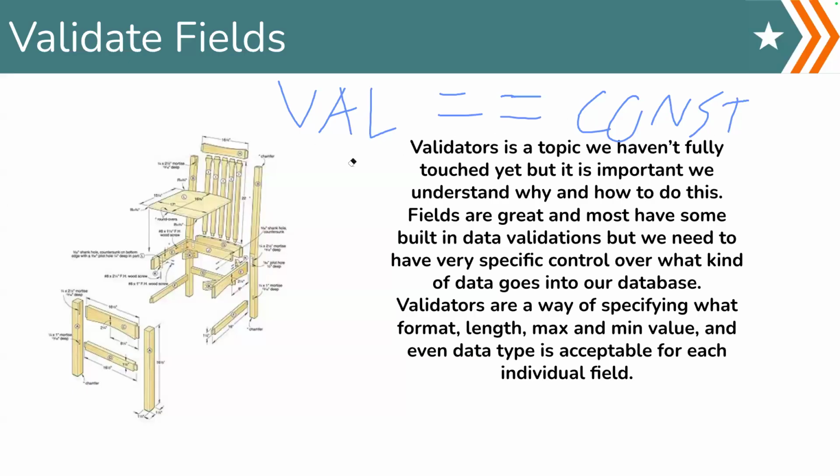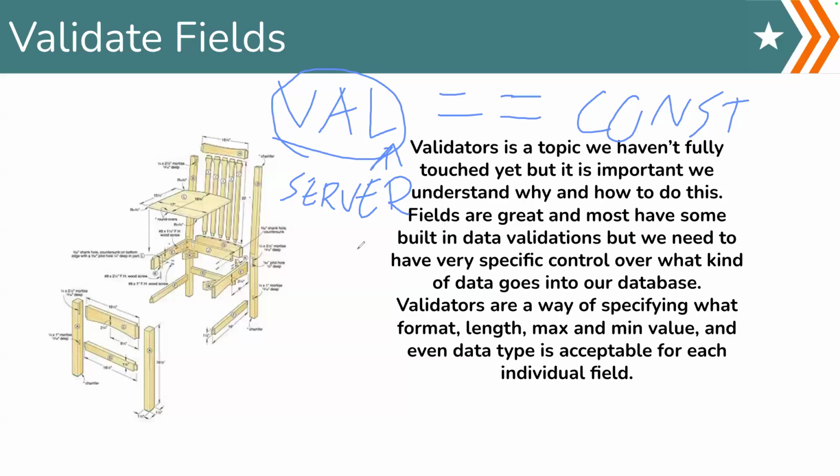The difference between a validator and a constraint is that the validator exists at the server level. So this exists within the server, meaning that before any sort of query is created to attempt to insert a new entry into the database, the server runs the validation.